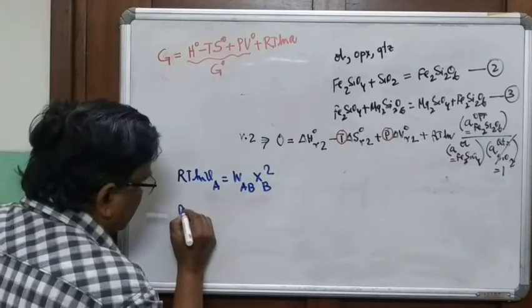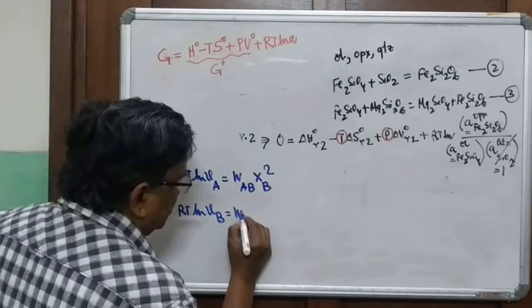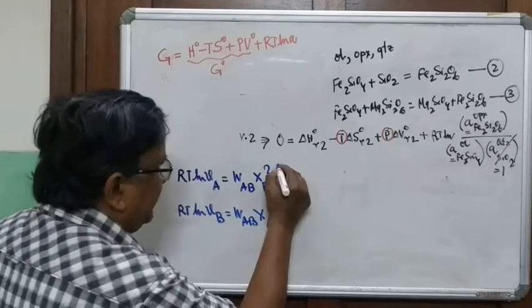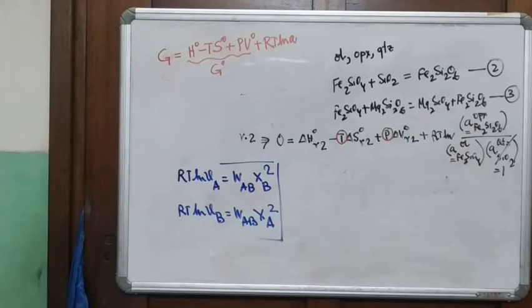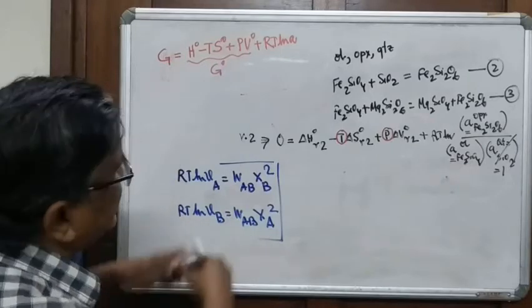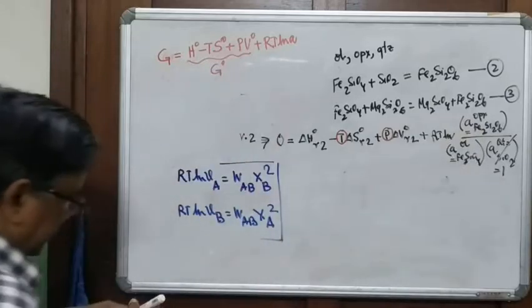And RT ln gamma B is equal to WAB into XA squared. I have derived this. So if I take this and do it for this one, what will I get?